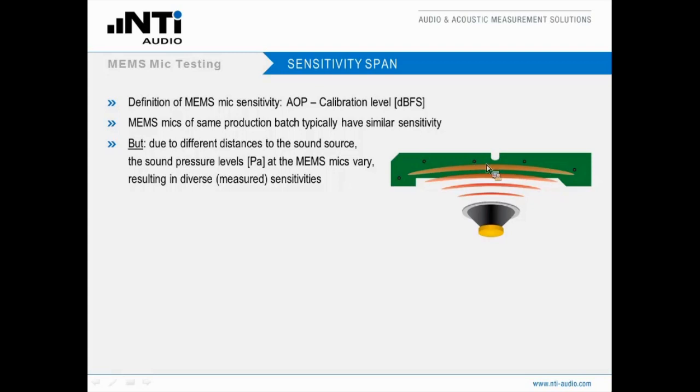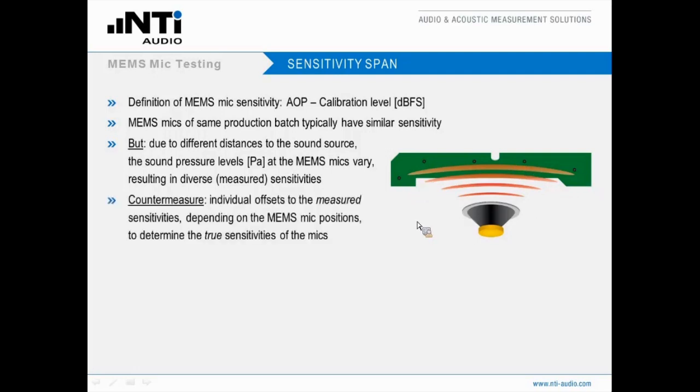And it is quite apparent that, for instance, this microphone here or that one will receive a lower sound pressure level compared to the ones in the middle. And that gives us the problem that the measured sensitivity varies from the actual sensitivity of these microphones.